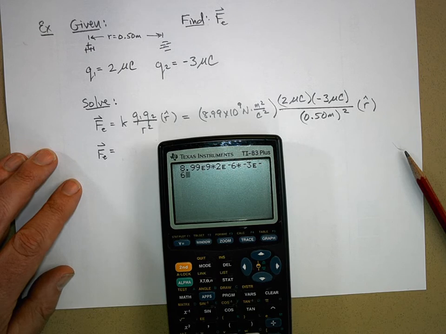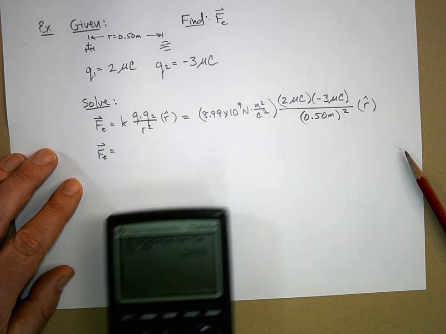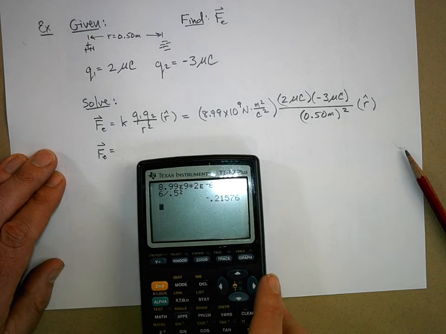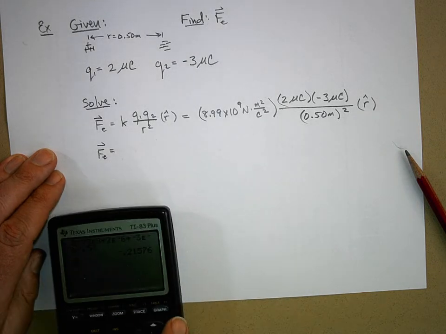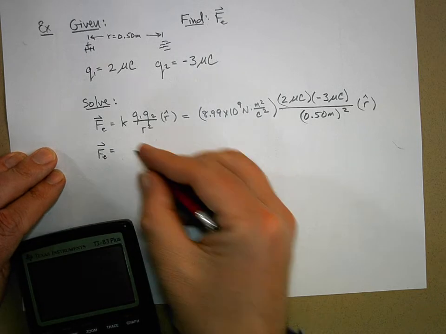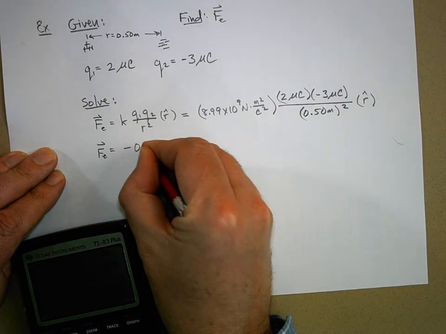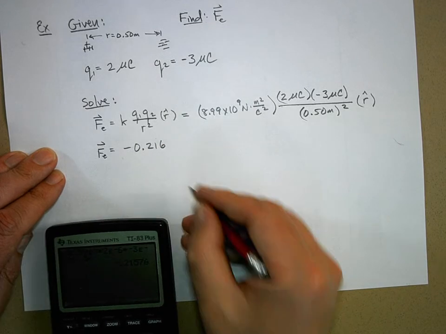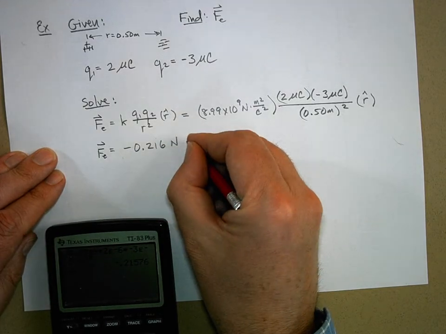Then I'm going to divide that by 0.5 squared. And I get negative 0.2156. See that? So negative 0.21, and I'll round it off to 216 newtons in the r hat direction.